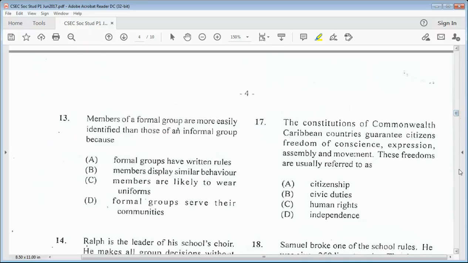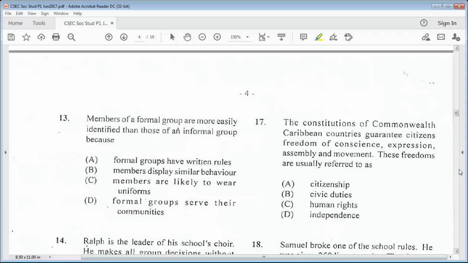Here it says, members of a formal group are more easily identified than those of an informal group because A, formal groups have written rules, B, members display similar behavior, C, members are likely to wear uniforms, or D, formal groups serve their communities.